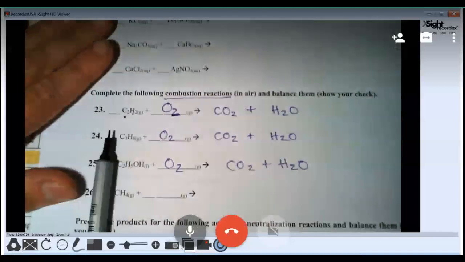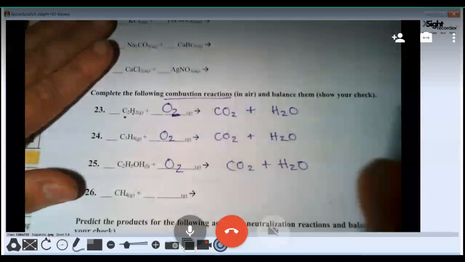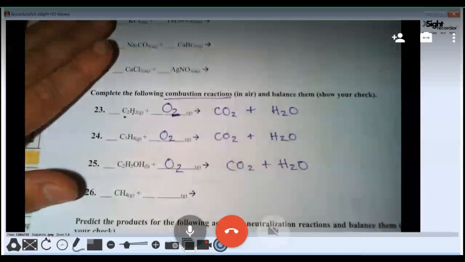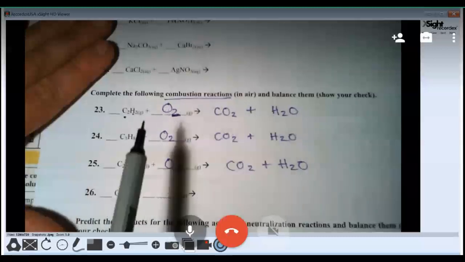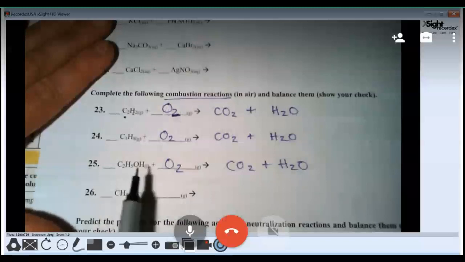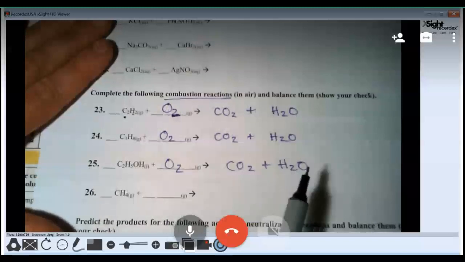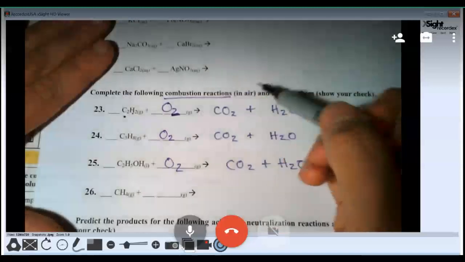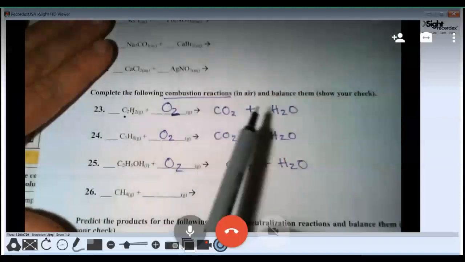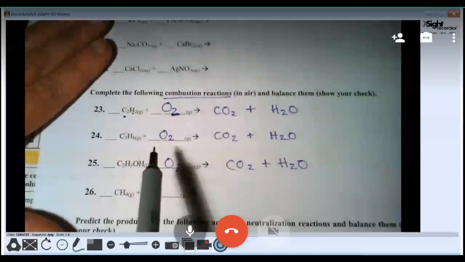So what do you notice about oxygen in these problems? There's normally 3 oxygen. Yeah, so it's in 3 places, like at least 3 places, and number 25 is actually in all 4 compounds. So what we want to do with that is we want to leave it till the end to balance. So we want to focus on carbon and hydrogen first, and then we'll come back to oxygen at the end.